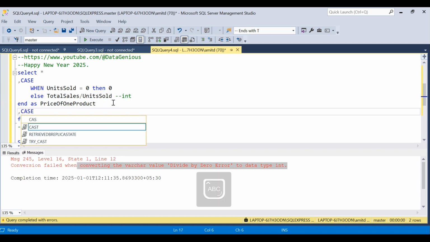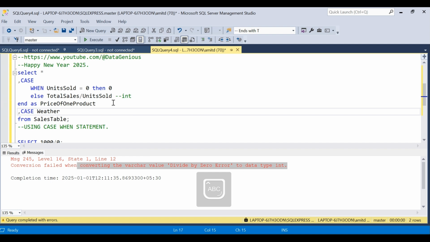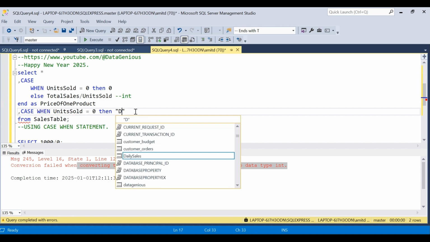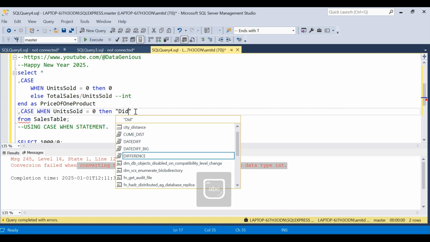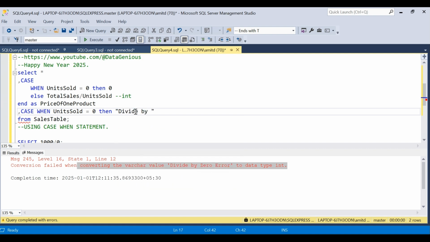I want case when, I'll copy this one. Unit sold equal to 0, then I want divide by 0 error.